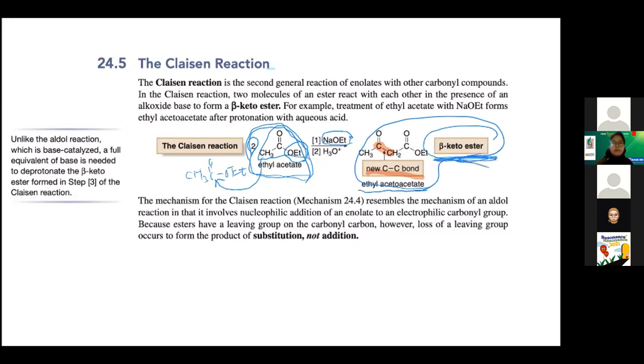This is the final compound. The difference from the aldol reaction is that the ester has a leaving group on the carbonyl carbon. It means the ester is a leaving group, so the keto ester is generated.